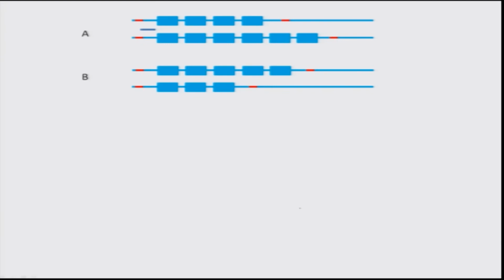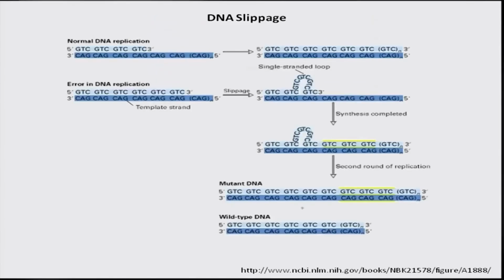These are nothing but tandem repeats, which are tandemly arranged in a region of the genome, and these repeats are highly variable. One of the reasons for them being variable is that during DNA replication, one of the strands straggles behind, and hence there is a problem in the base pairing.